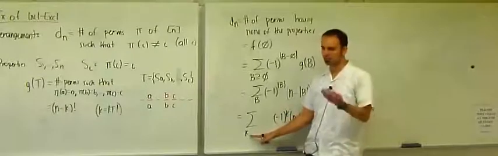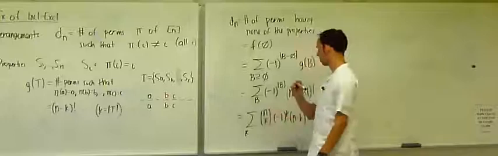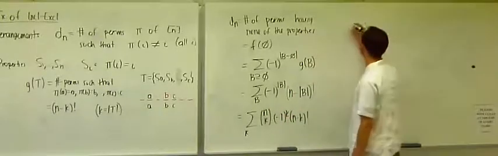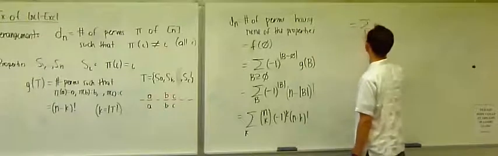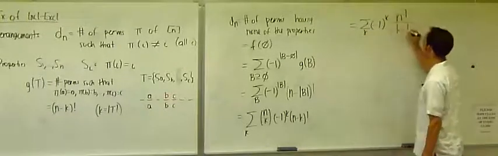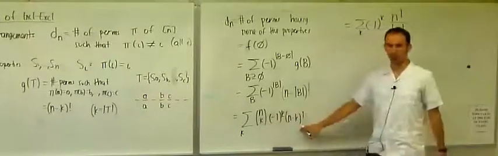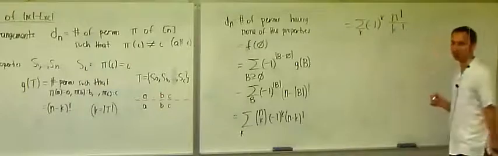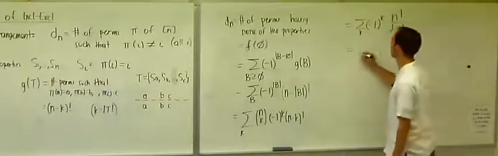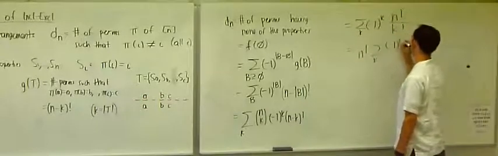We're looking at subsets of n that have size k, so this is n choose k. Now this simplifies because this is minus 1 to the k n factorial over k factorial n minus k factorial times n minus k factorial. I can pull out the n factorial, and I get the sum of minus 1 to the k over k factorial.